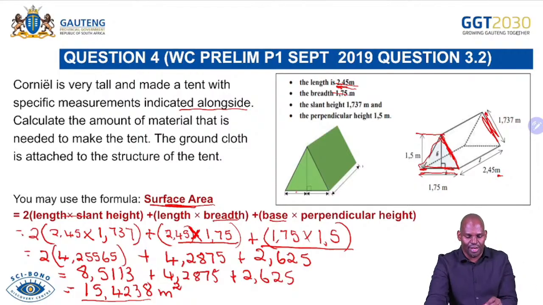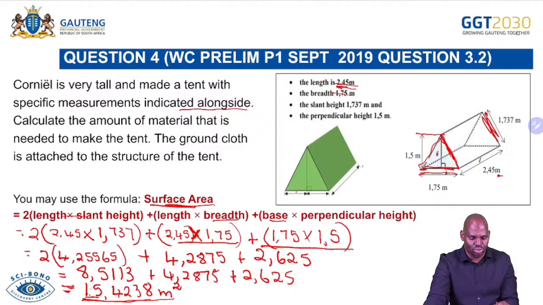In this question, the examiner didn't say anything about rounding. So even if you stop there, the answer will still be acceptable, because if you check the context, they say the amount of material. But if you have to round it off to 1 decimal place, it's going to be 15,4. If you round it off to 2 decimal places, 15,42.